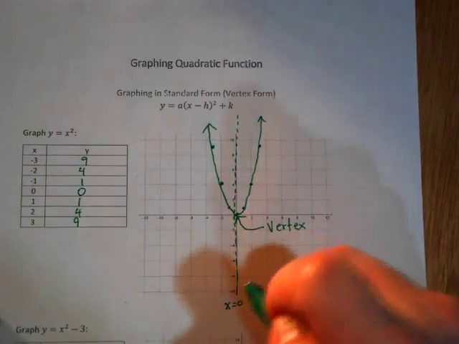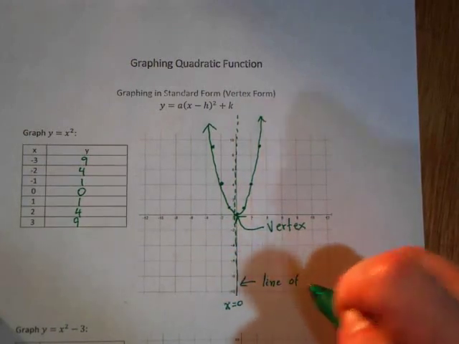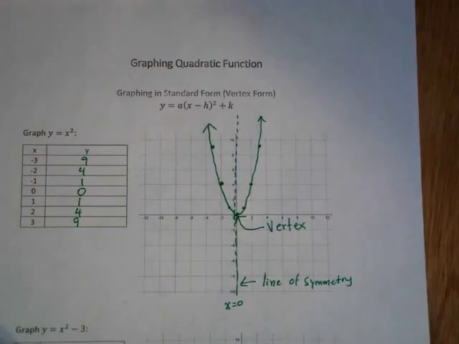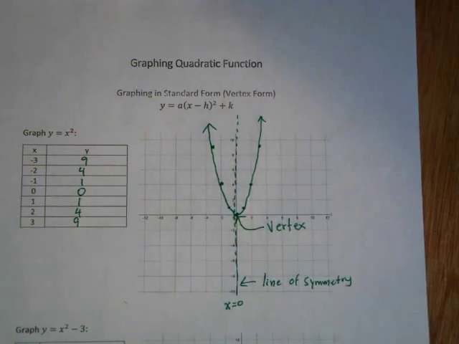Sometimes it's called the line of symmetry. I prefer line of symmetry because it's not always on an axis. In this case, it happens to be right on the y-axis, but it's not always on an axis. So you'll see it called both things.